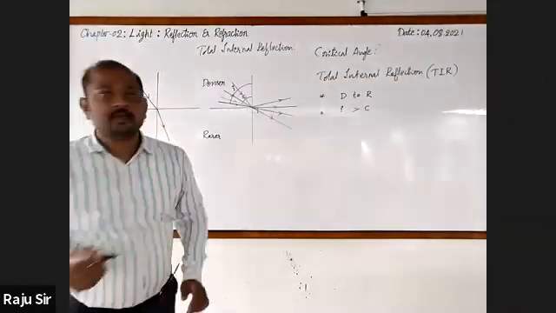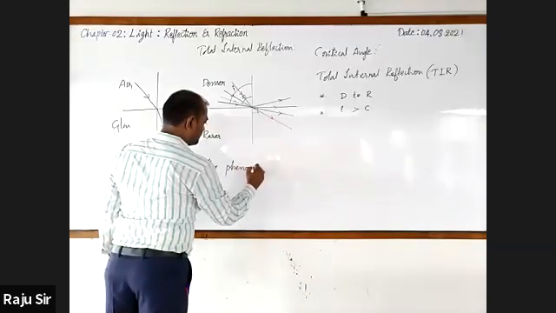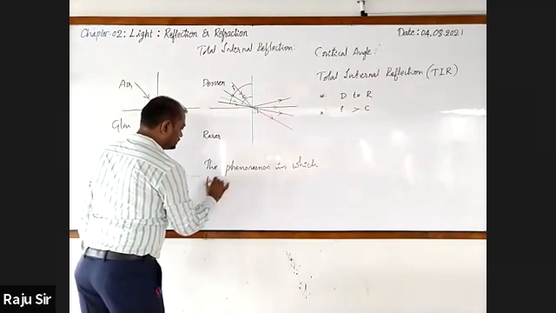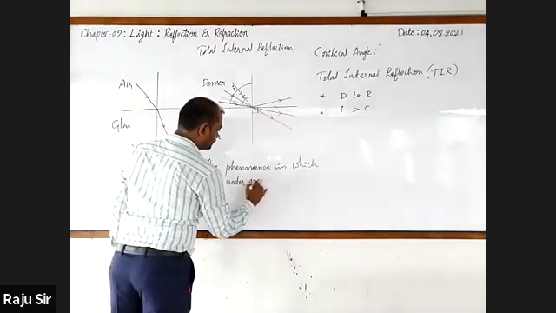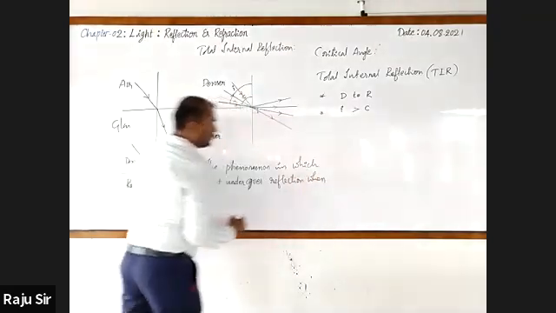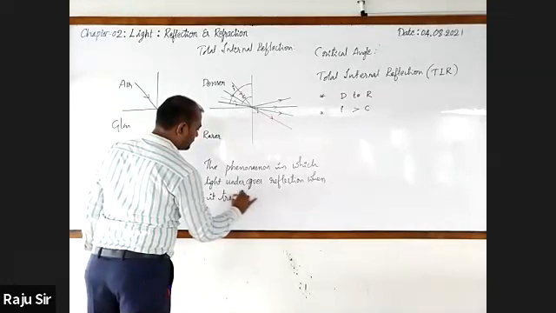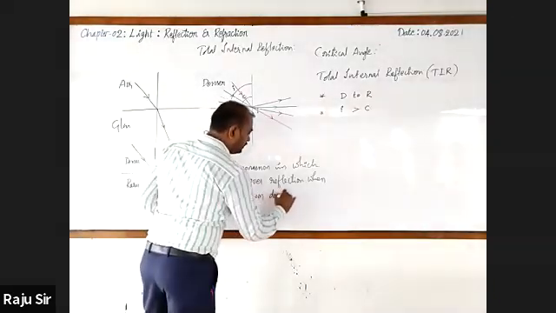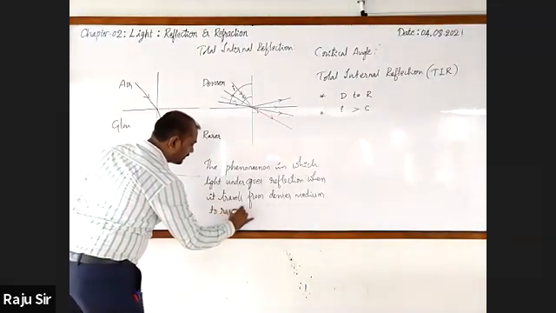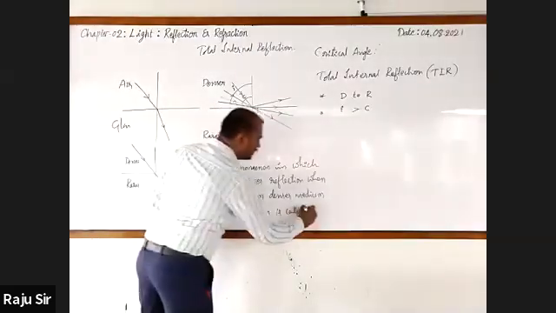The definition: the phenomenon in which light undergoes reflection when it travels from denser medium to rarer medium is called or is known as TIR.